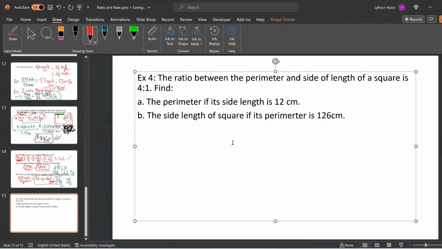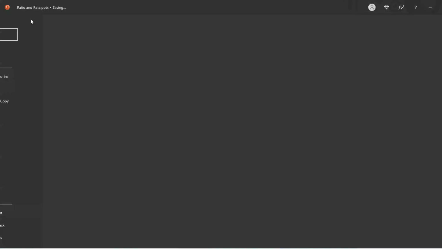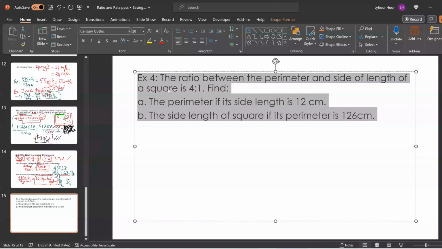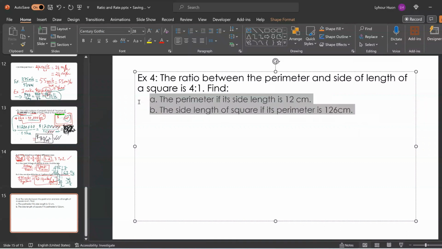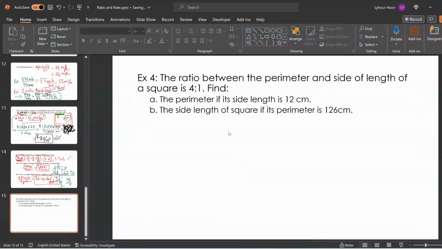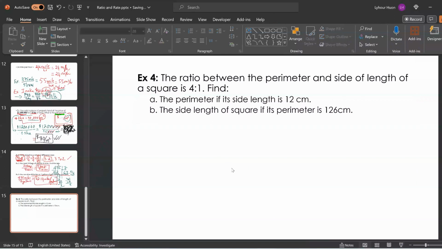The ratio between the perimeter and side length of a square is 4 to 1.